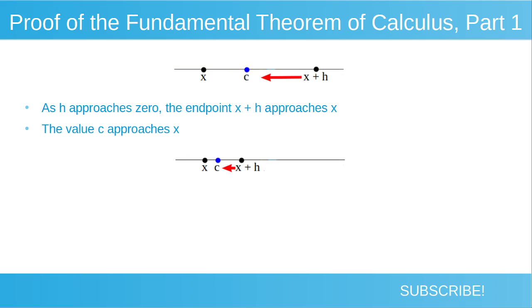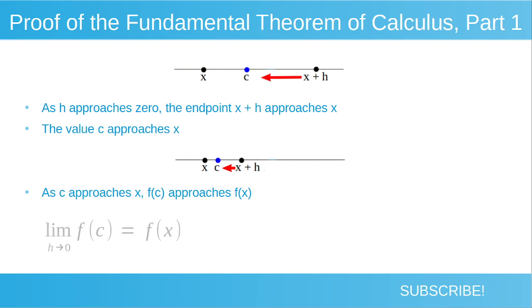And as c approaches x, f of c approaches f of x. In other words, the limit as h approaches 0 of f of c is equal to f of x.